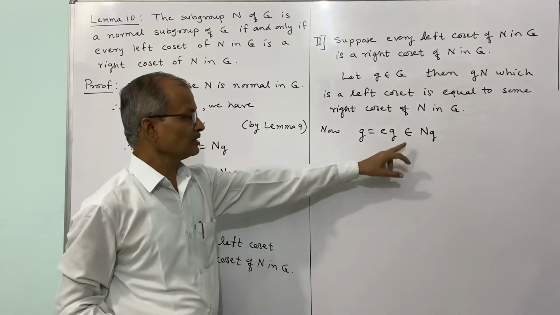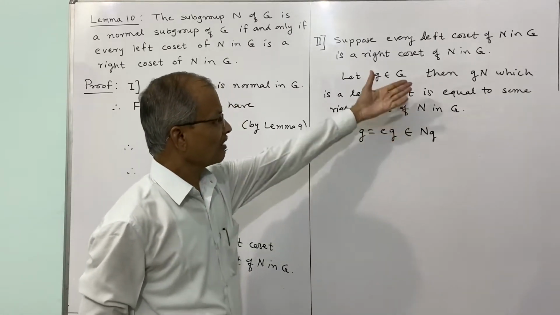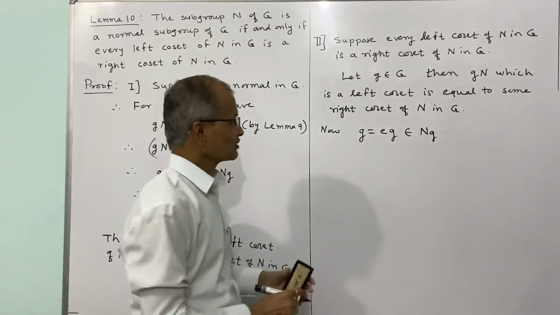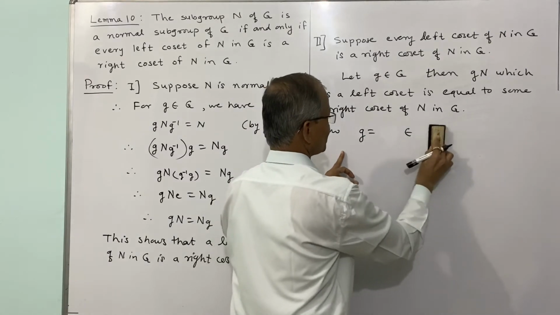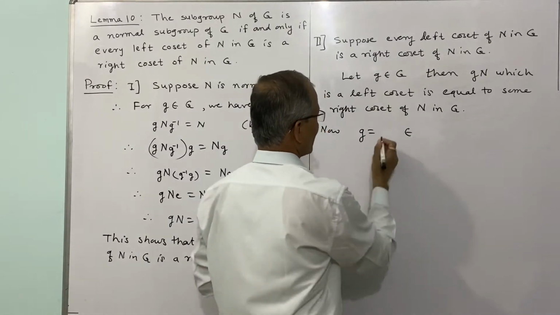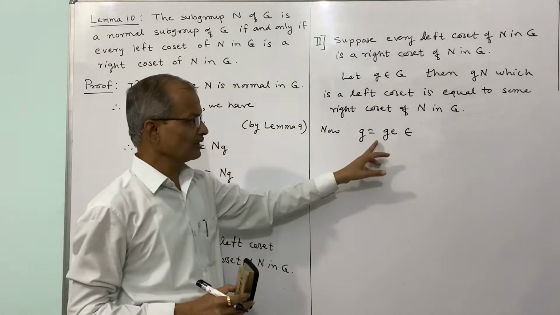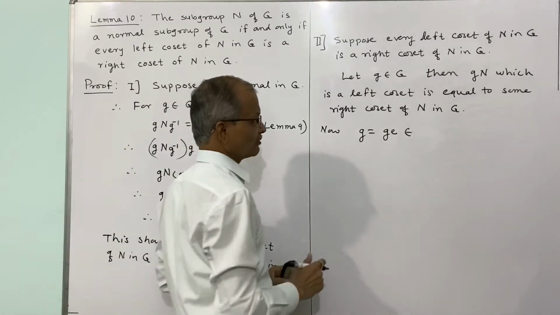But instead of considering right coset, first we shall consider left coset. So instead of writing e g, I shall write this as g. Because we can write both ways, g is equal to e g or g is equal to g e, e is identity, and now this belongs to g N.